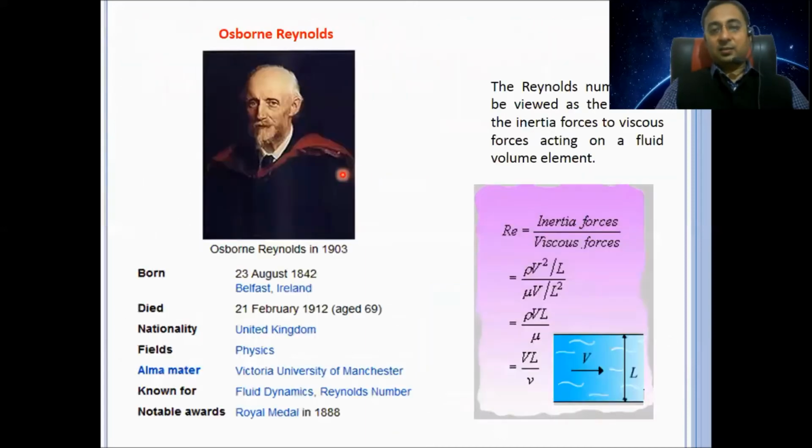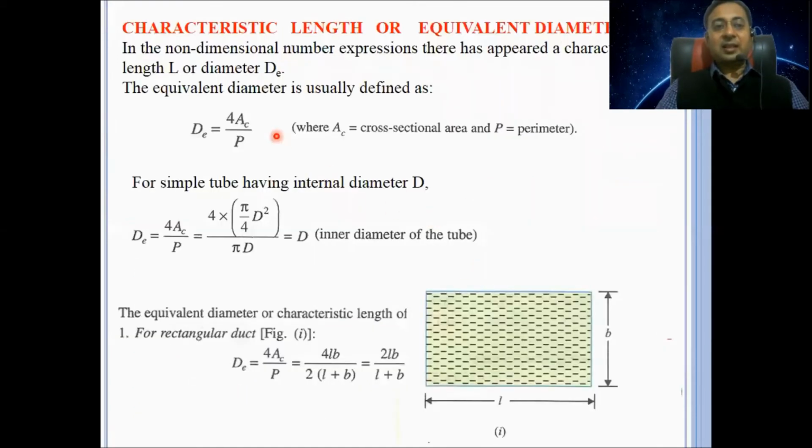Characteristic length. Here the L is not length. L is the characteristic length. What is characteristic length? Characteristic length is equal to 4 into cross section area divided by perimeter. For example, if we have a rectangular duct and flow is through that duct, the cross section area is L into B, right?